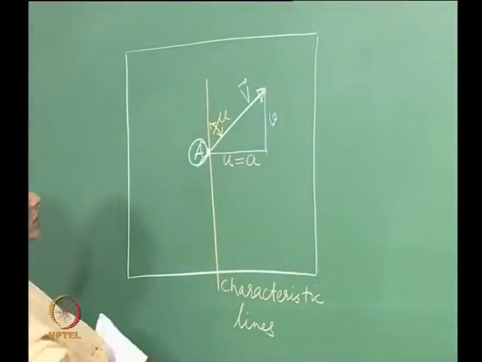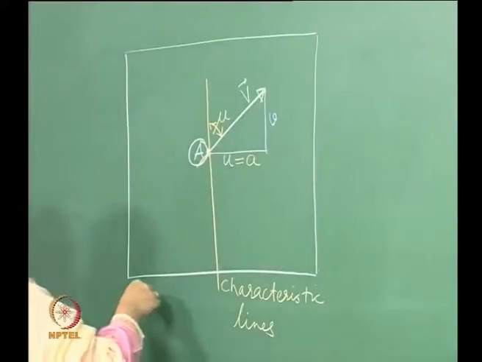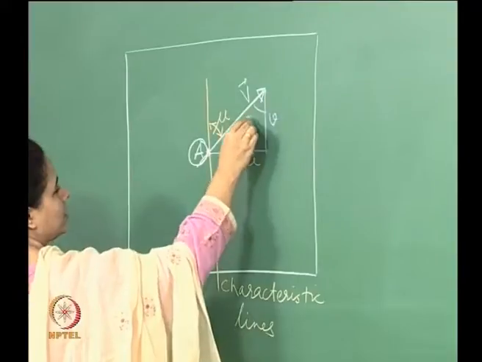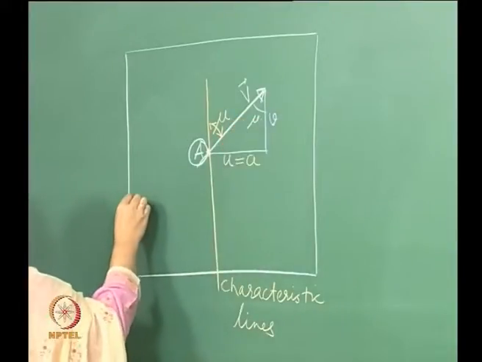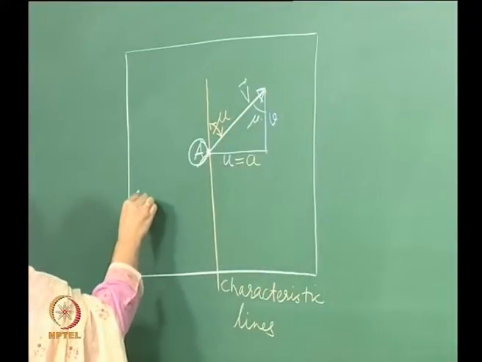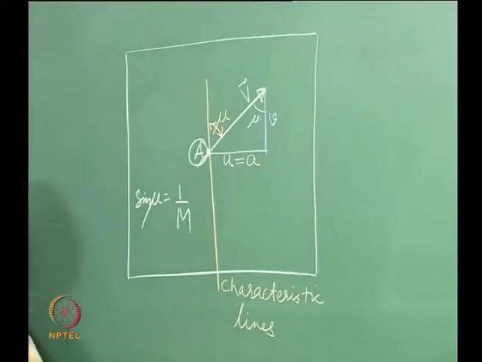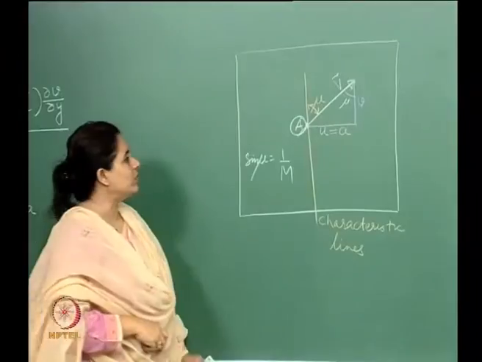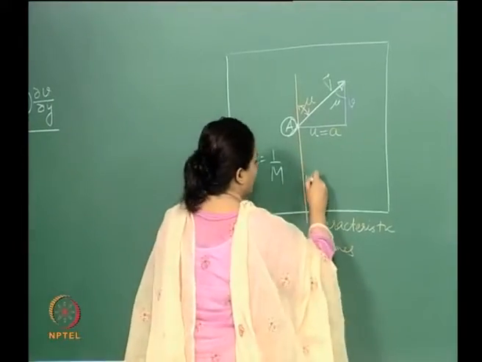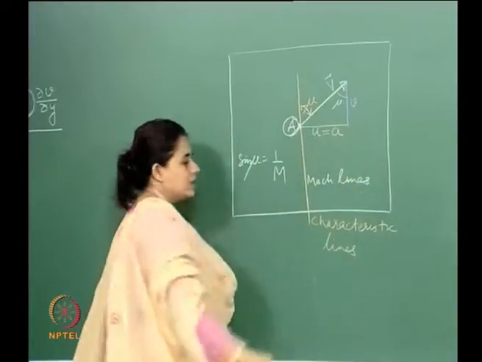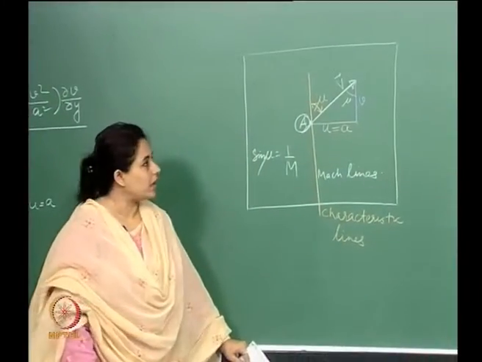What we can also see from here is that, this is mu, so sin mu is 1 by M, which essentially means that these are also Mach lines. These are also Mach lines, right.